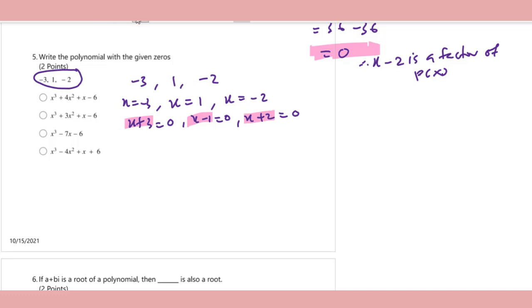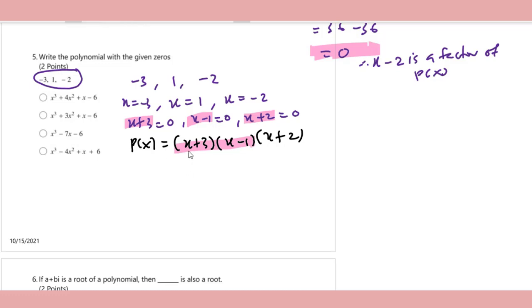So we're going to find the polynomial. Let the polynomial be Px. So x plus 3 is one of the linear factors, x minus 1 is the second one, and the third one is x plus 2. You want to find it in general form, so let's expand this first, one by one.